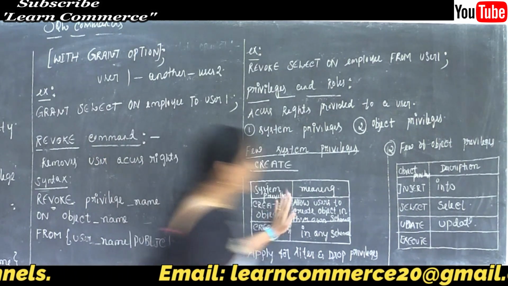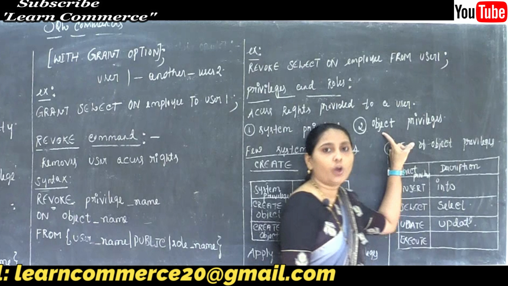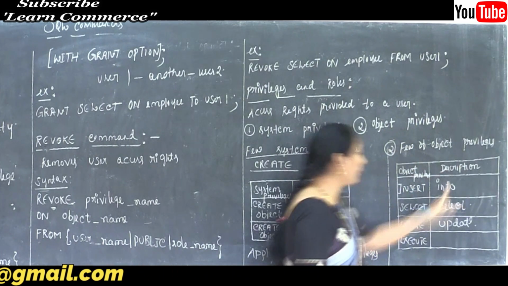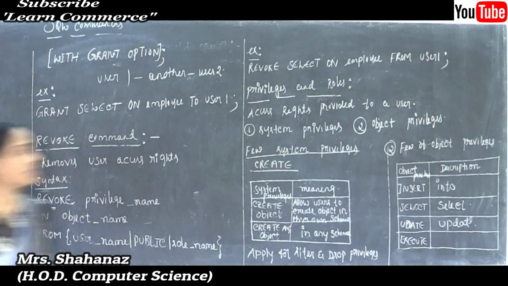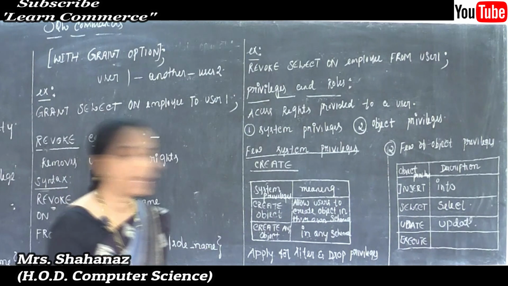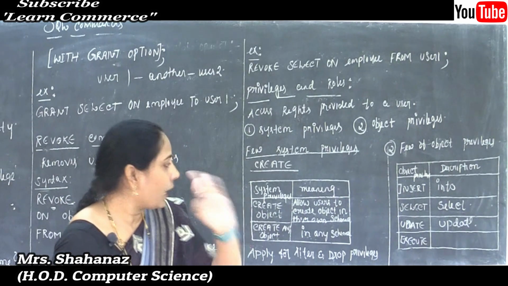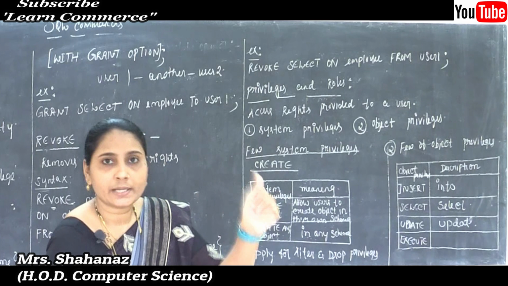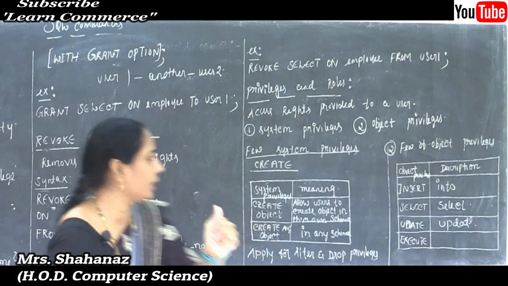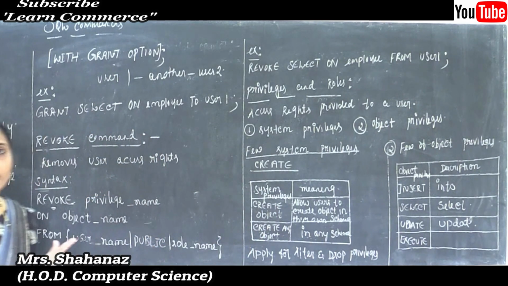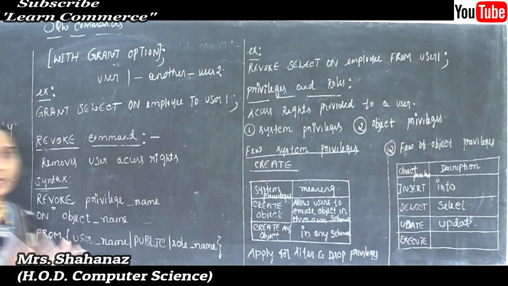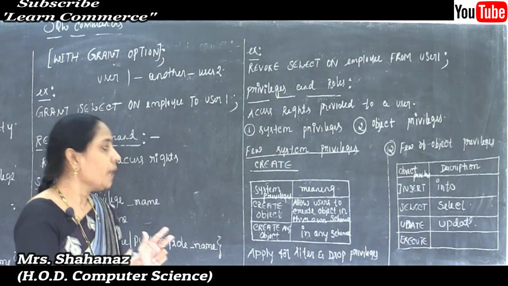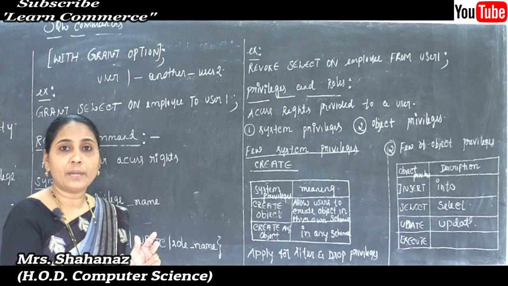And the next privilege name is the object privileges, and in our object privileges we use some object privileges: insert, select, update, execute. Insert to insert the data into a table, select to access some record or data from the table, update allows the user to update data in a table.